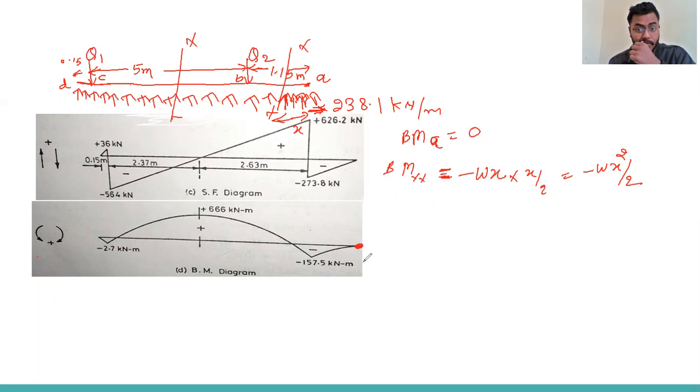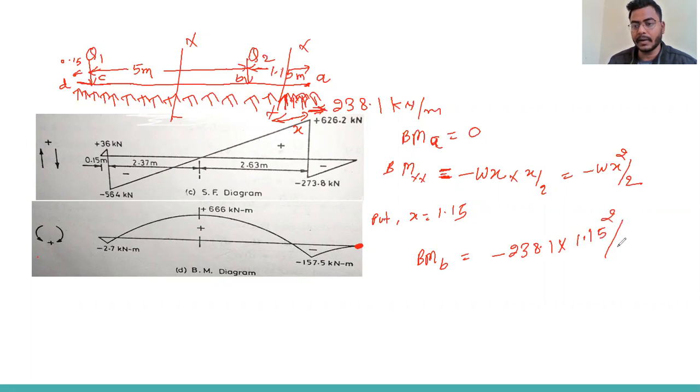By putting x equal to 1.5, we will get the bending moment at B. So minus W, that is 238.1, into 1.5 square divided by 2. So we will get minus 157.5 kilonewton meter.